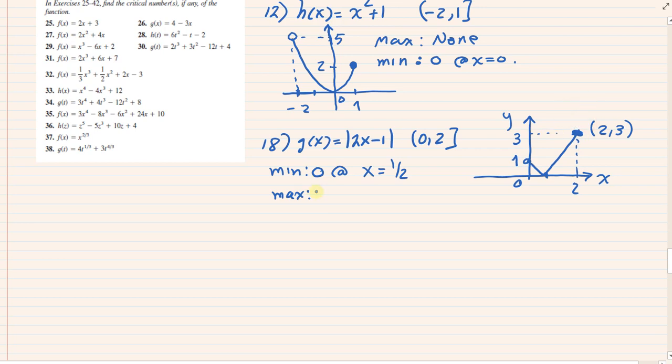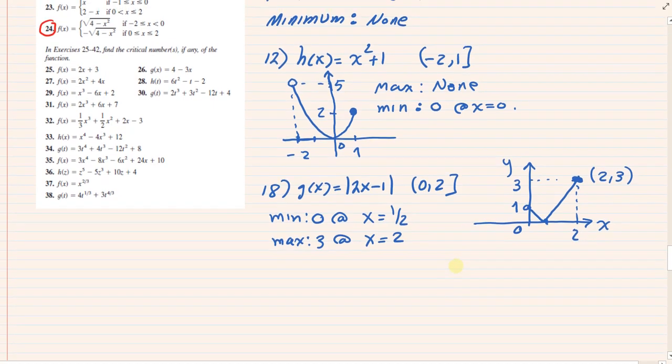That's going to be 3, and that one is attained at x equals 2. This point doesn't matter. It's not part of the graph, and it's not a max. So there's no point higher than that at 2. Okay, so there we go.